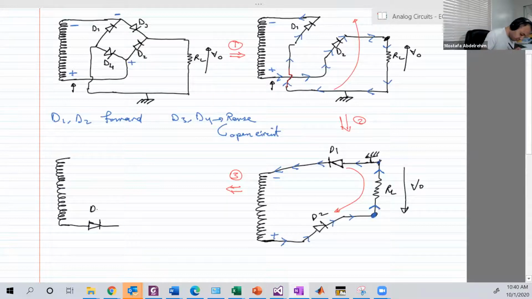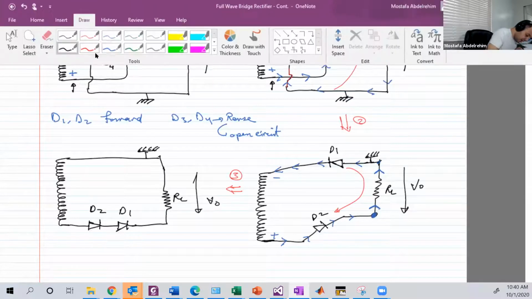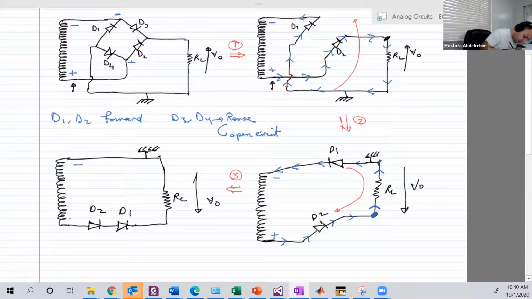So this is D2, and when D1 moves to the same branch of D2, it will have the same polarity as well, same direction. Then you have the resistor, same output voltage direction, and the ground, and negative and positive.